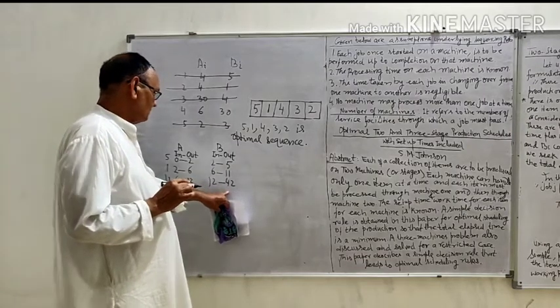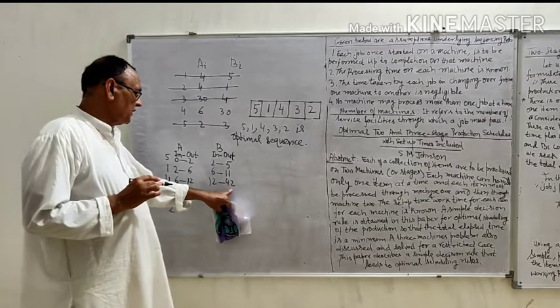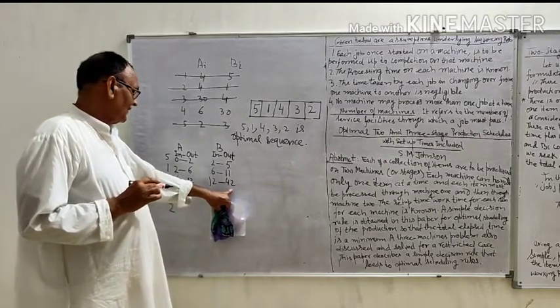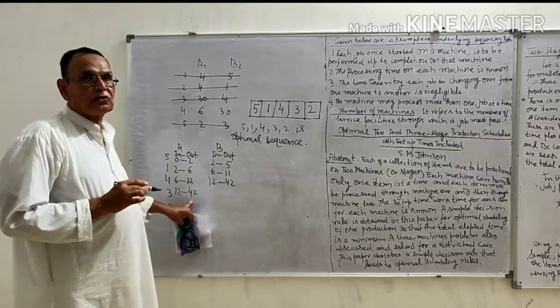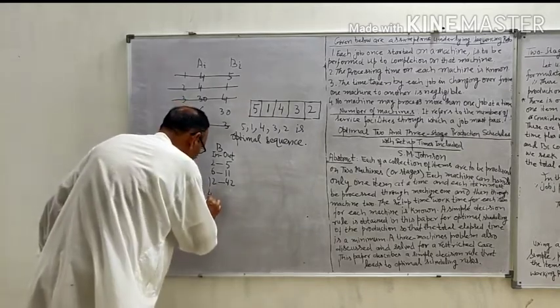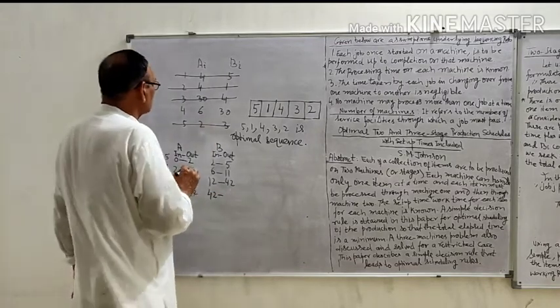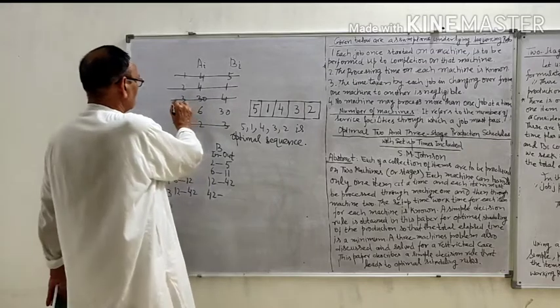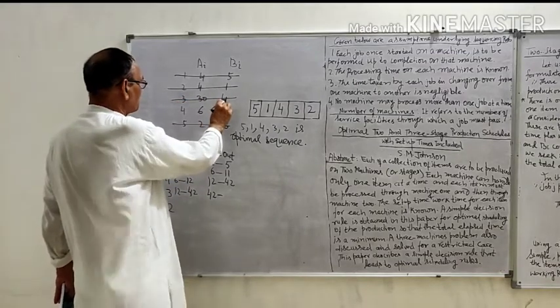Machine B is free at 42, and the next job is also available at 42. So it starts at 42, and the third job processing time on machine B is 4.